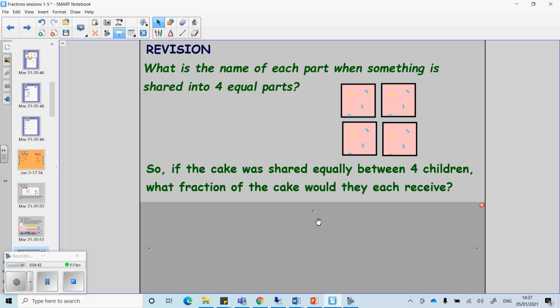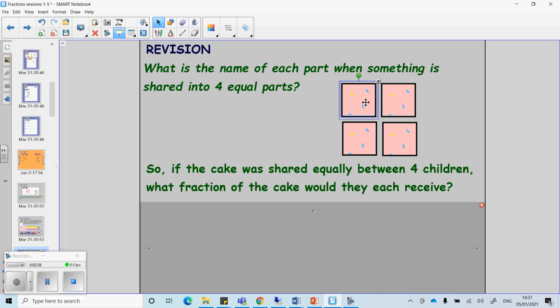Okay, I wonder what the fraction would look like if we wrote this down. Pause the video and have a go at writing down. If we gave one of these pieces away, what would that fraction look like to write down? Pause your video and have a go.